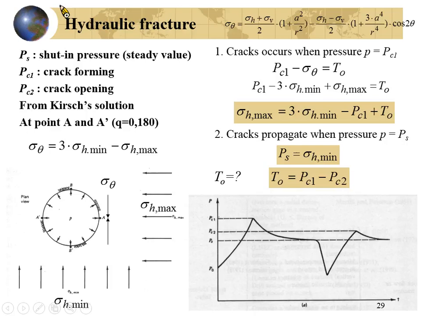If I draw a borehole like this, where does the fracture occur? The fracture will be like this. Then where is the maximum horizontal principal stress, the direction?